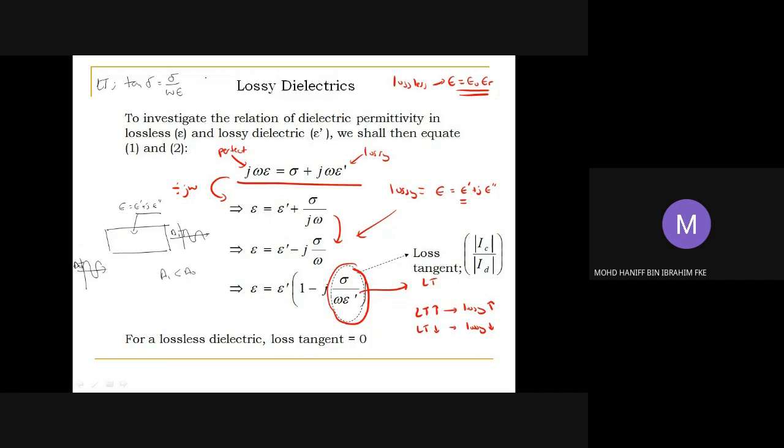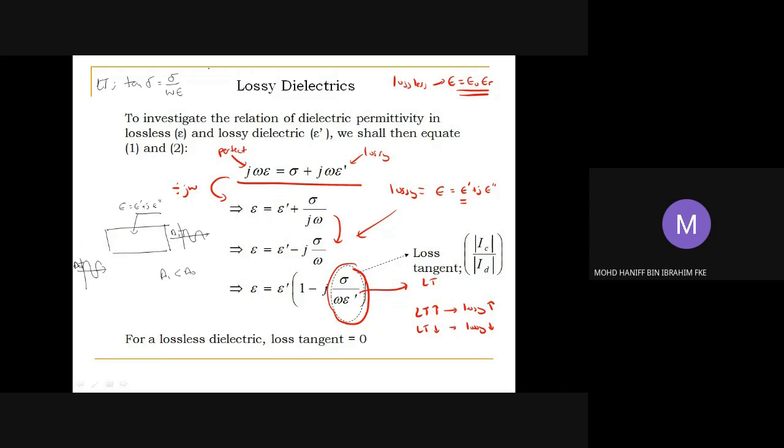Sigma is conductivity, omega is the frequency of the alternating current signals, whereas epsilon is the real value permittivity.